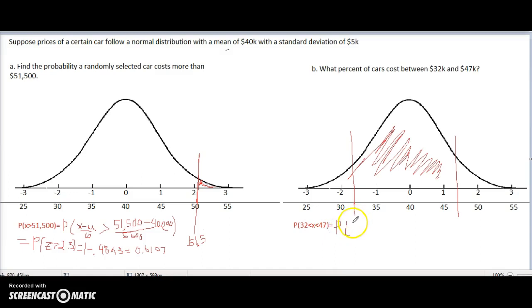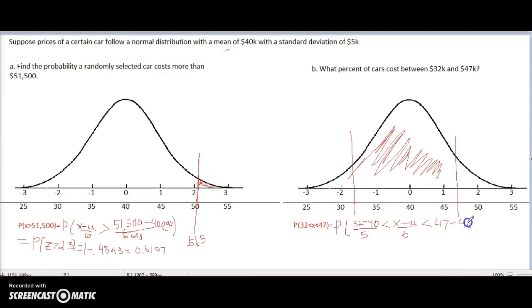that, and using the formula, our x is 32 on this side, so 32 minus 40 over the standard deviation, which is 5,000, so we can just use 5, is less than z, so x, the formula for z, x minus mu, just like we just did, over sigma, is less than, so our other one is 47, our x, minus 40.